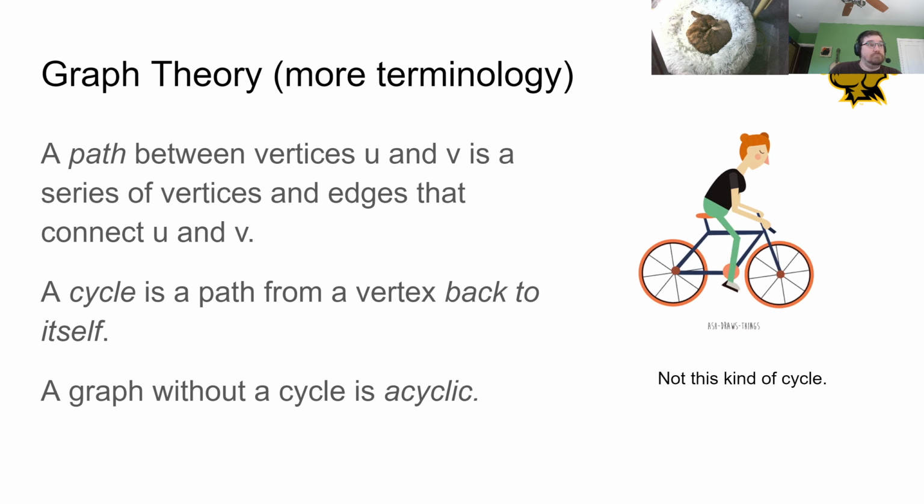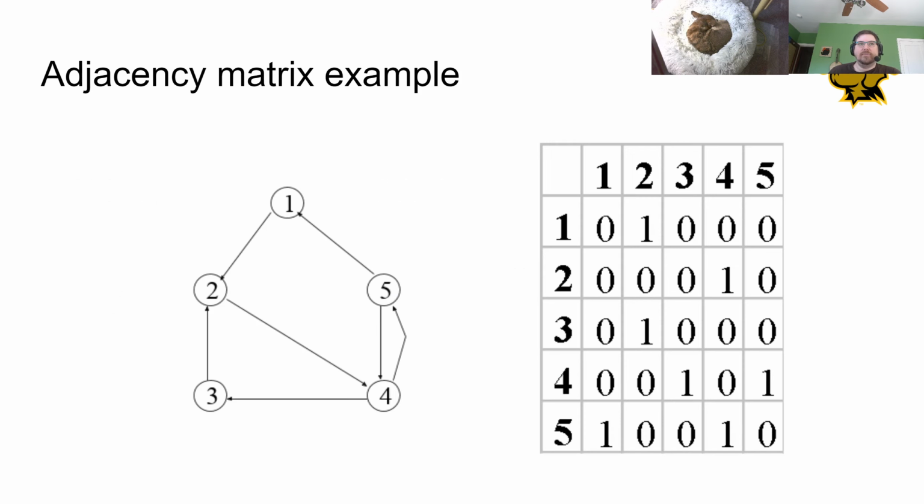A path between vertices u and v is a series of vertices and edges that connect u and v. So if I go back to this graph example, if I wanted to say give me the path from 1 to 4, I could go 1, 2 hops and get to 4.